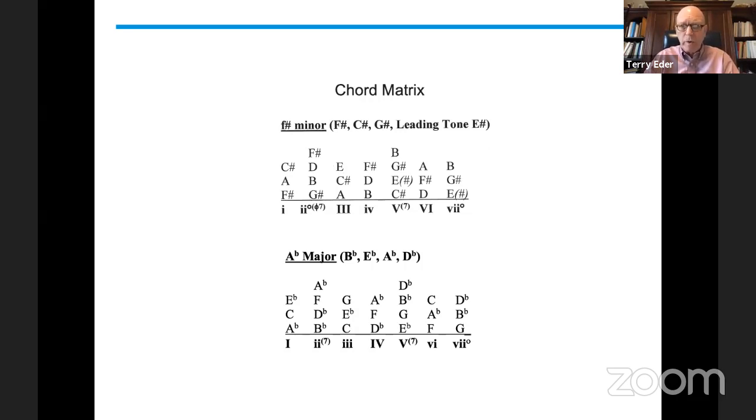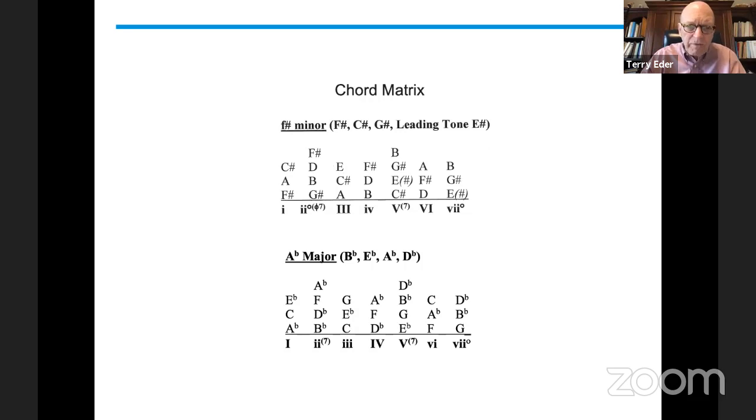And I'm sure you all know this already by now. And so then if you look at the two diminished chord in F sharp minor, it's a G sharp, B, D, F sharp chord, okay? Diminished triad and minor seventh between the G sharp up to the F sharp.